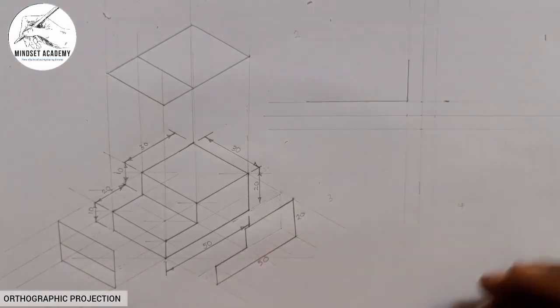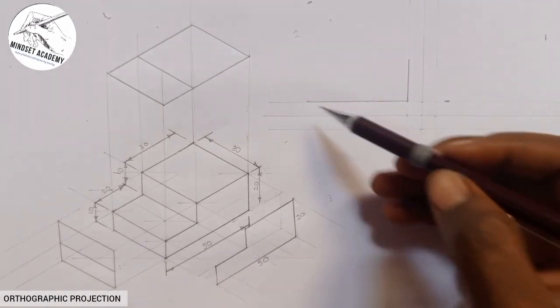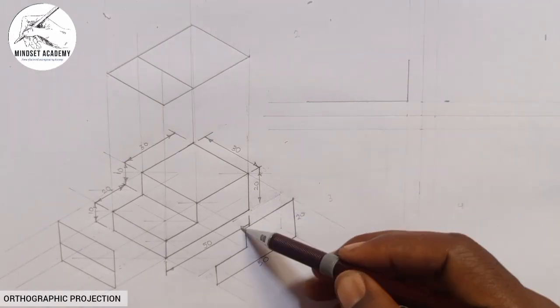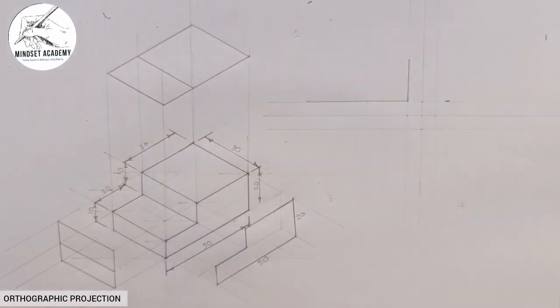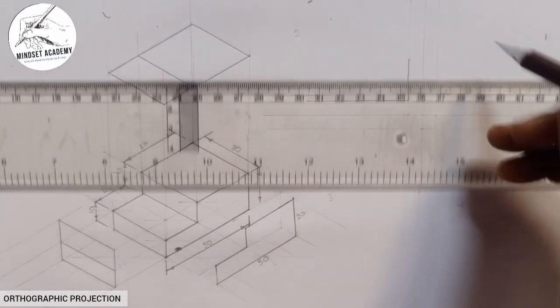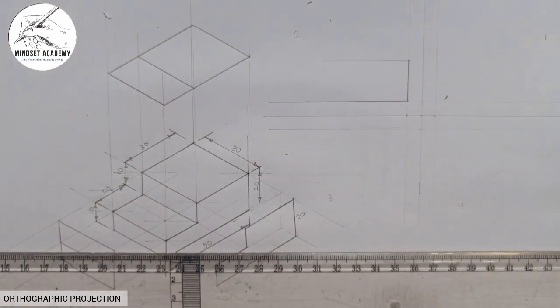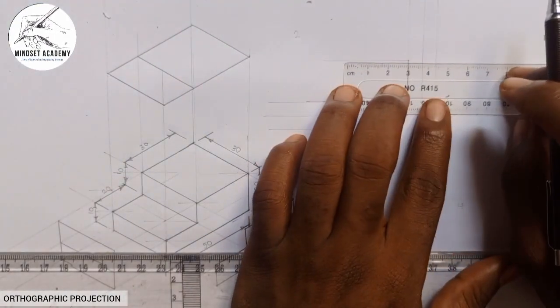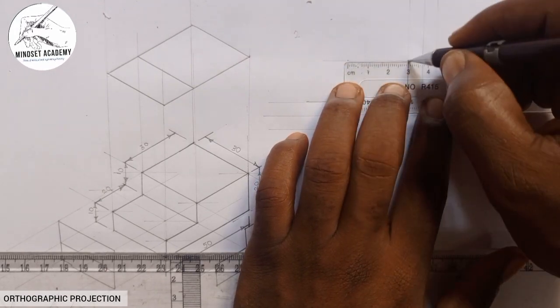Are you with me? Now the next thing is, at this point here, from here to here is the same as saying from here to here, and that is 30. I'll just take my meter rule, my steel square, and draw a horizontal line. I'm going to measure 30 at that point. This is 30 here. And now thickening it.